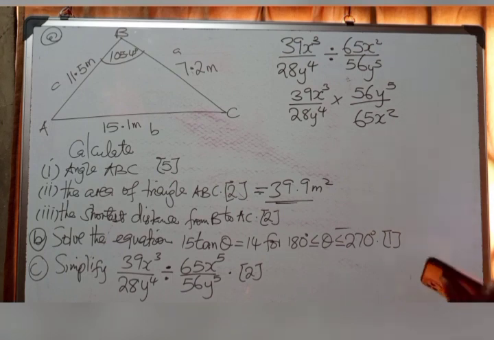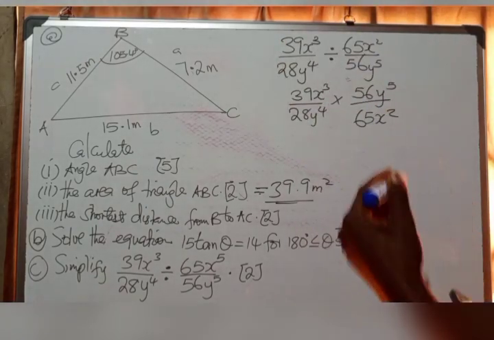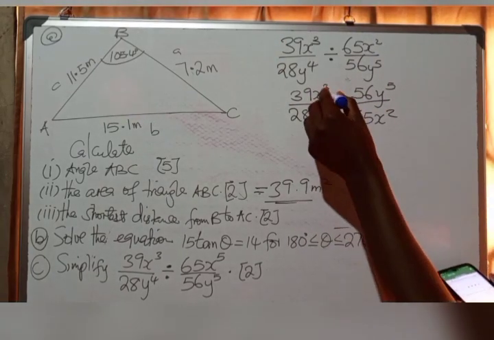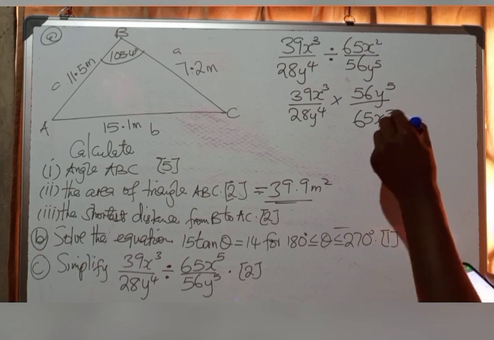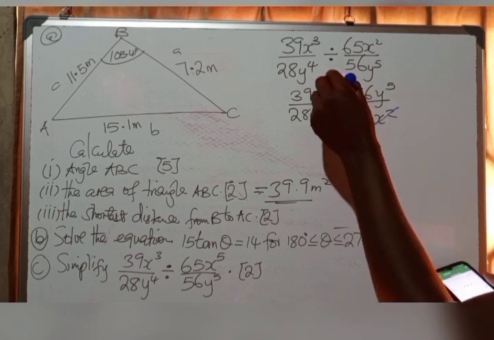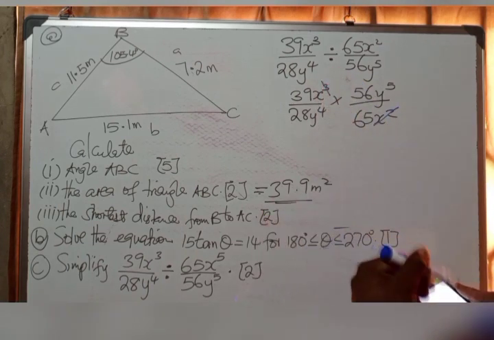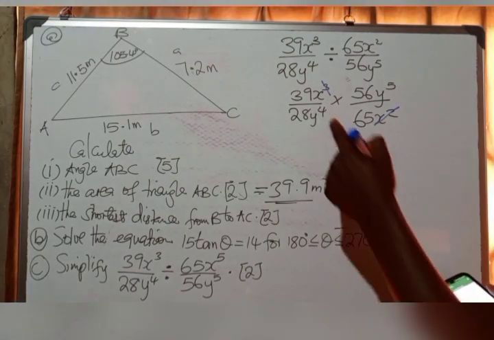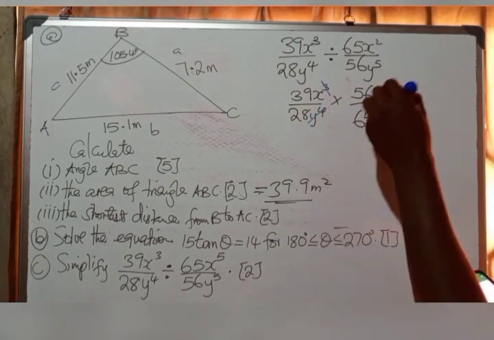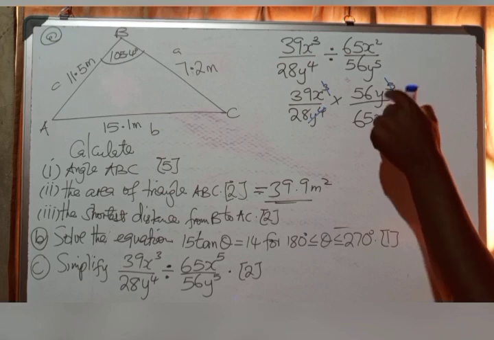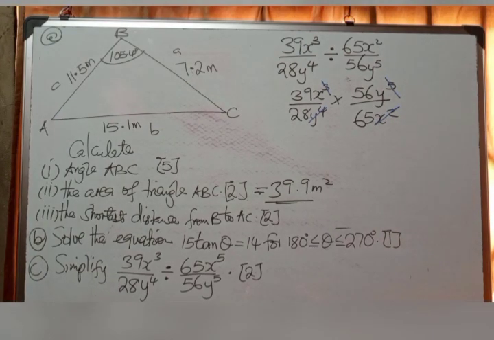Now, let us simplify this. If there are multiplications, you can say, here there are 3x, here there are 2x. So this 2x will go, remain with just 1x. Here there are 4y's, there are 5. So just cancel that and remain with 1y. That is what we have.